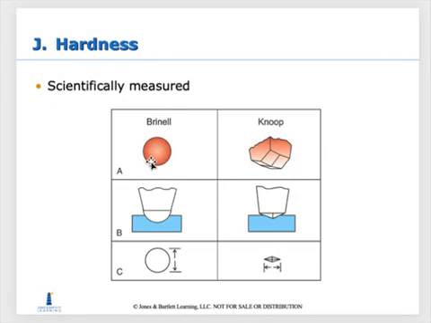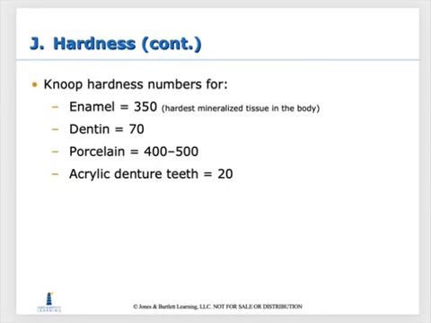So here you can see this is the cross section of the tips, and then the blue area is the material that it's testing and going into, and then C is the shape of the indentation that it would leave, or the amount of area that it would leave.